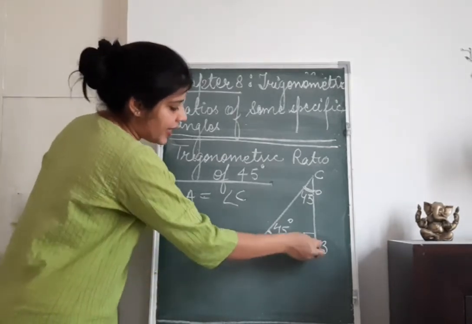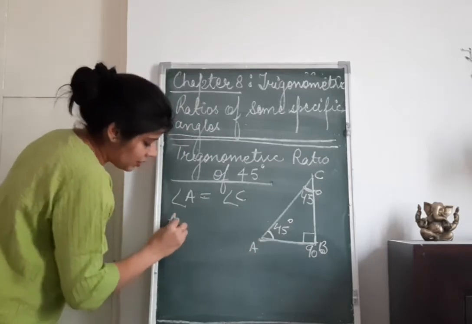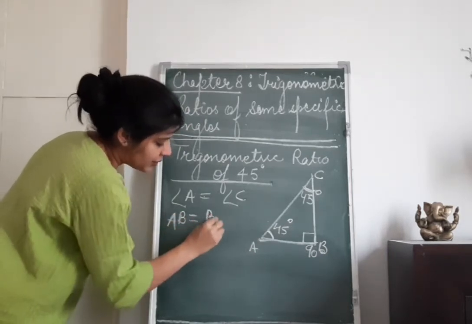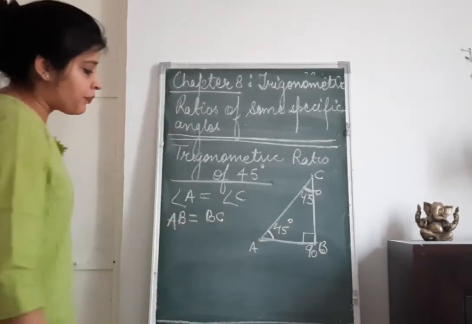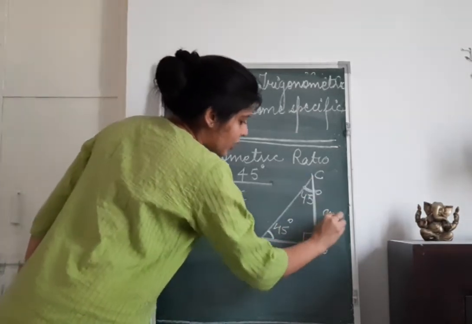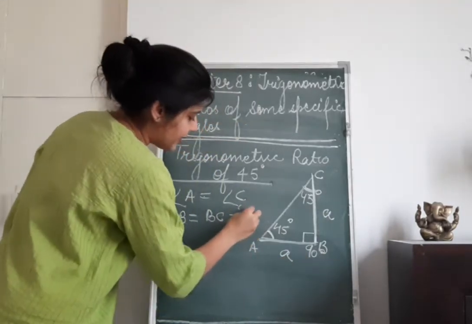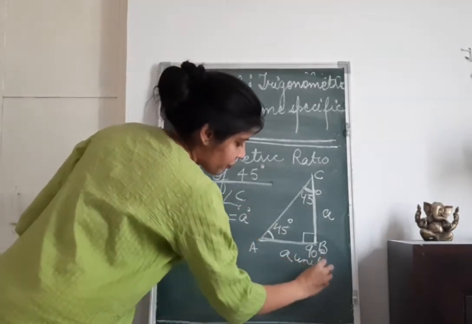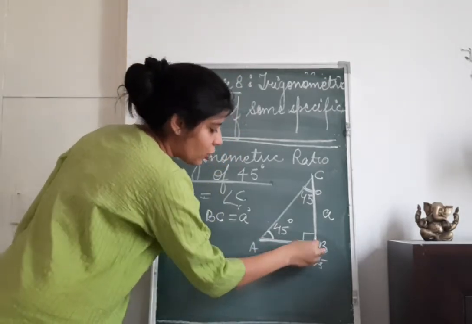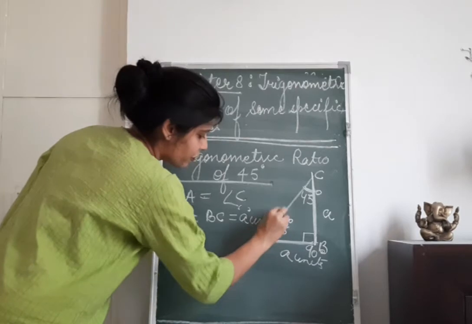So I can say that AB is going to be equal to BC. Let us assume the length of AB and BC is A units.